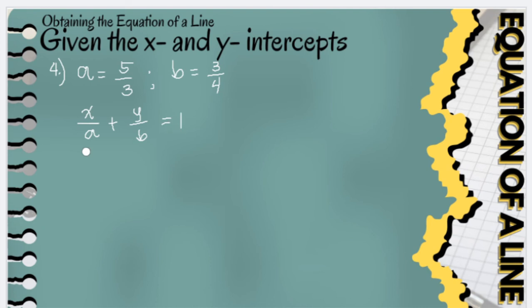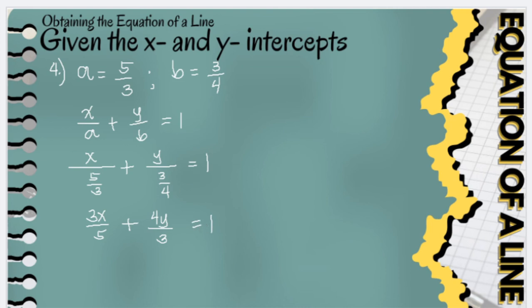So, we have here x over a is 5 over 3 plus y over our b is 3 over 4, that is equal to 1. Now, i-reciprocal natin to. So, yung 3 mapapapunta sa ating numerator. So, that will be 3x over 5 plus, same here, yung 4 mapapapunta sa katabi ni y. So, that will be 4y over 3. That is equal to 1.